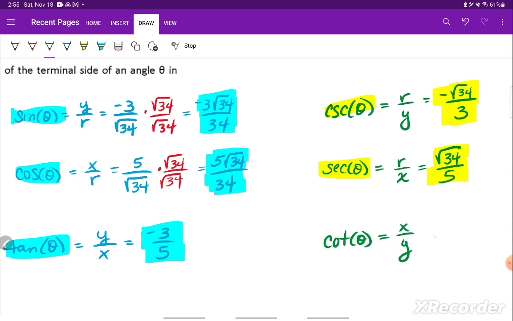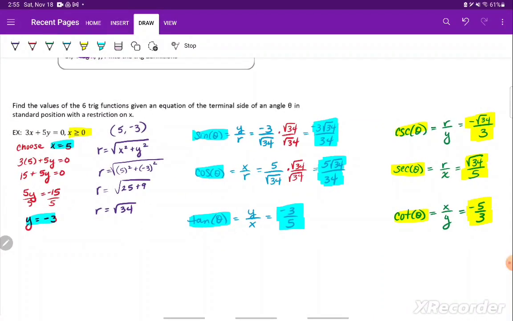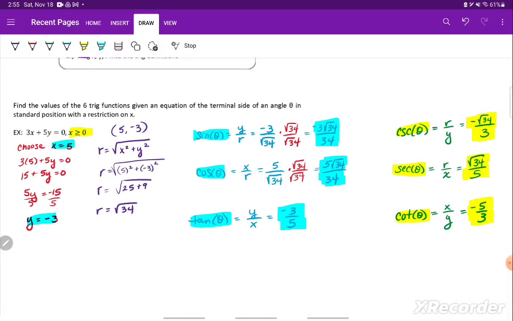It's defined x over y and is negative 5/3. So same as before, we're just trying to get x, y, and r so we can plug it into the definitions. The way we found x and y this time, since it wasn't given, was by just creating an ordered pair that lied on that line.